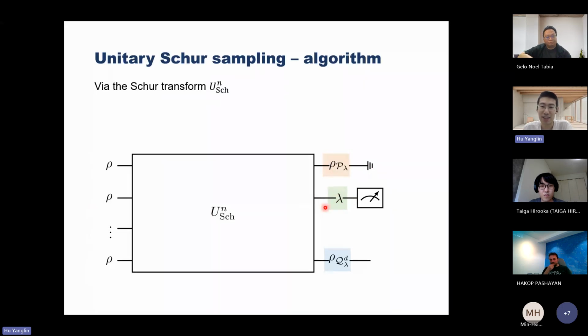The first register is the classical register, which records the lambda, the irrep label of the subspaces, and then you get a tensor product of the P lambda subspace and the Q lambda subspace. To do unitary Schur sampling, we can just discard this P lambda subspace, and we measure this lambda label.